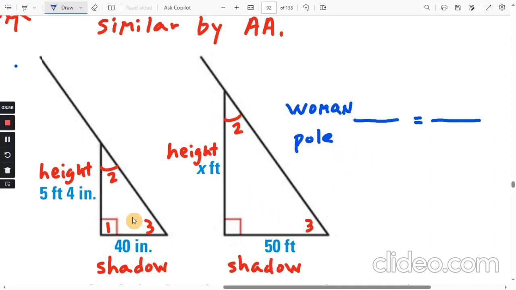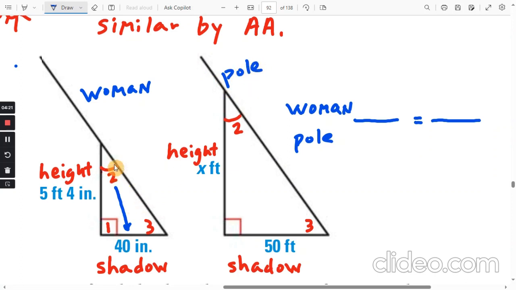Okay. Now what you want to do is go across from the same angle on each triangle. So I see the side length of 40 here. That is across from angle 2. All right. And this triangle was for the woman. And this triangle was for the pole. The flagpole.